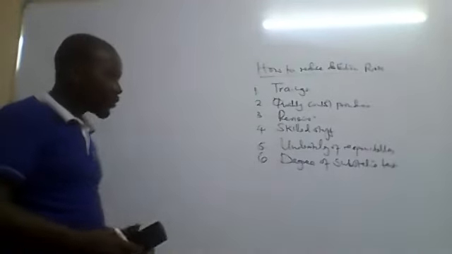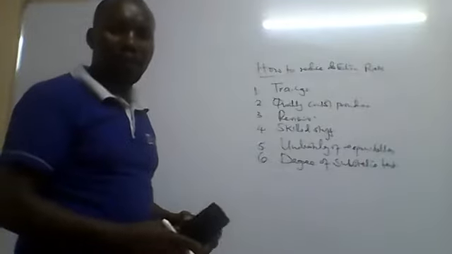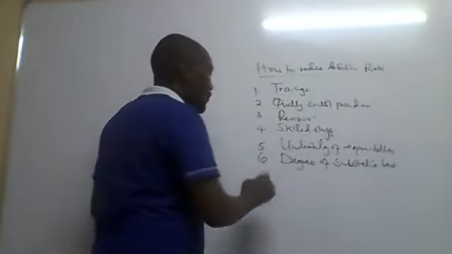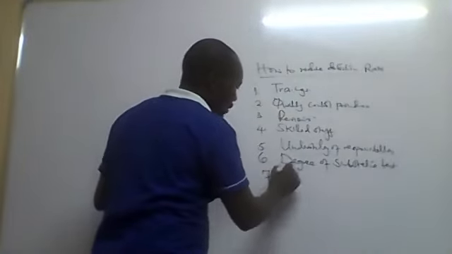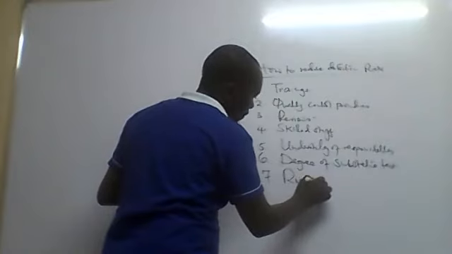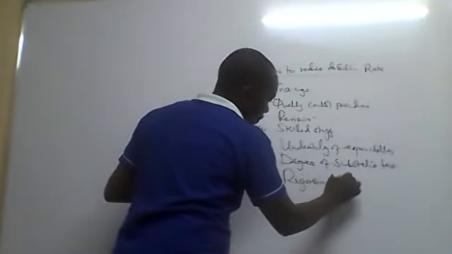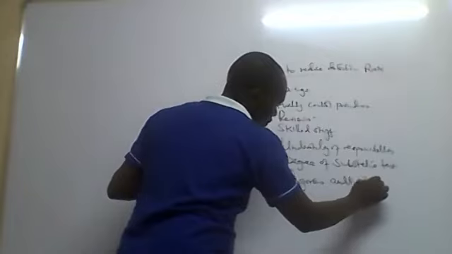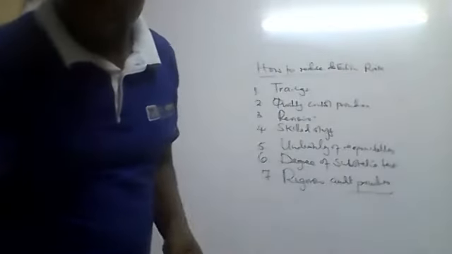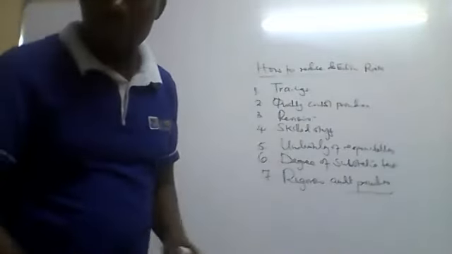Then also rigorous audit procedures. You need to use appropriate audit procedures. Rigorous audit procedures will also help you reduce detection risk, or at least you'll be able to detect.